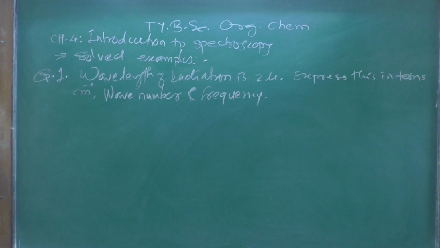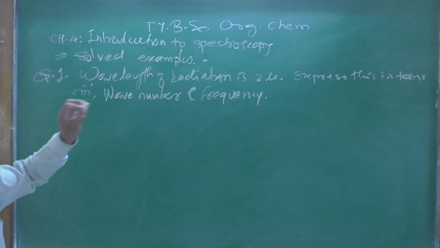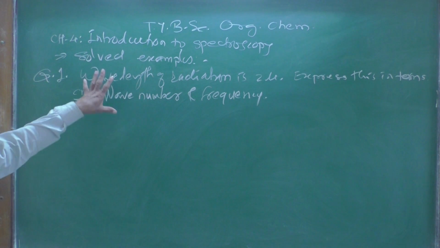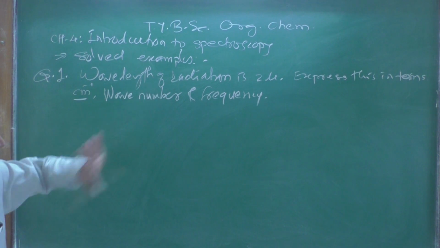Read the problem carefully. Question number 1: wavelength of radiation is given as 2 micron. Express this in terms of per centimeter, that is, wave number and frequency.